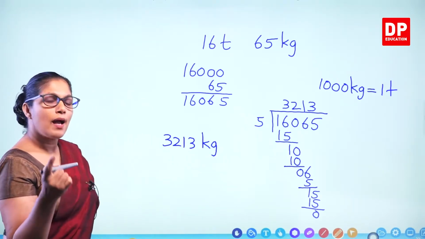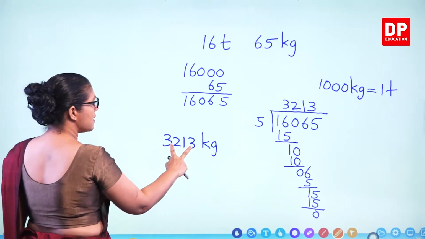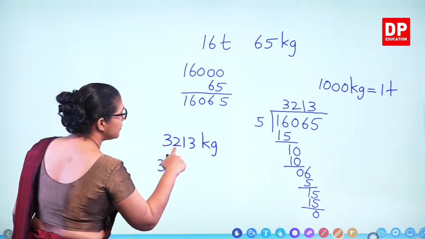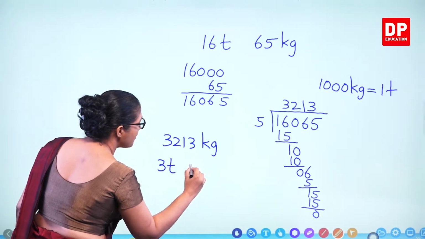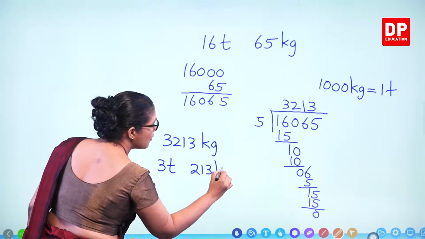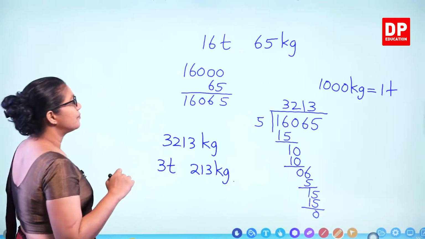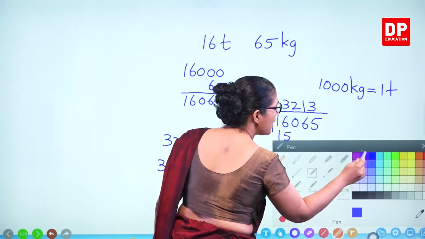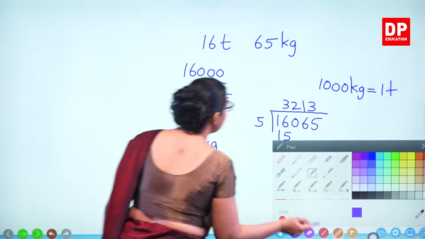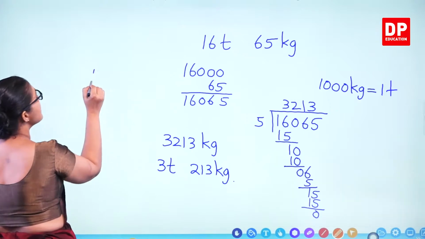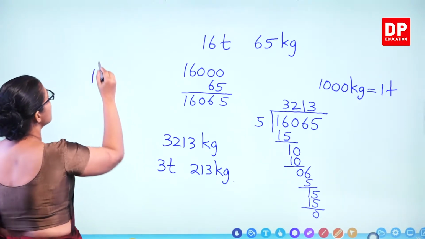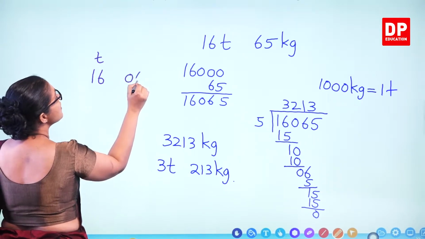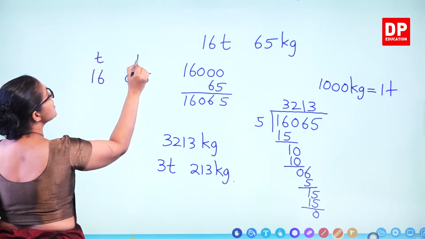Or how do you convert to tons? You can write 3 tons and 213 kilograms. What's the other method? You can do it straight away like this. You take 16 tons and 65, and put 065 for kilograms.